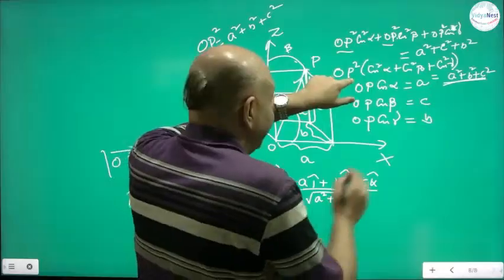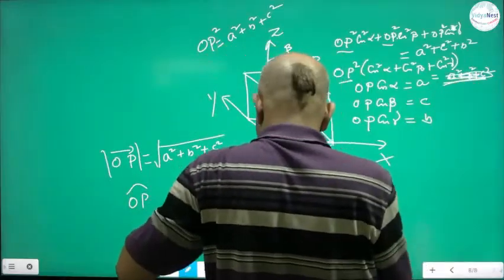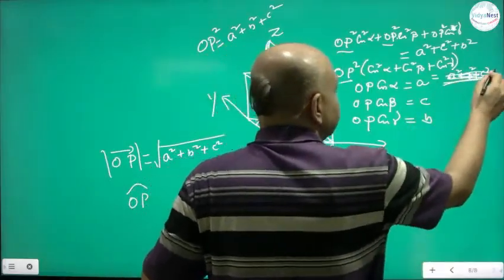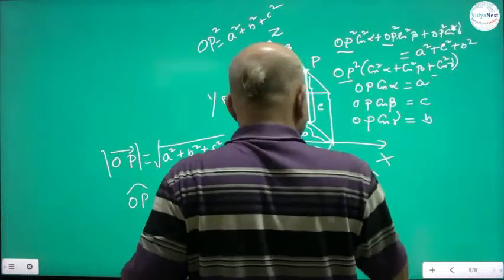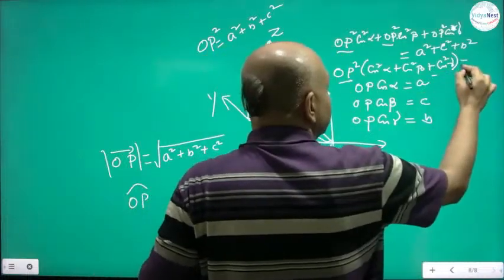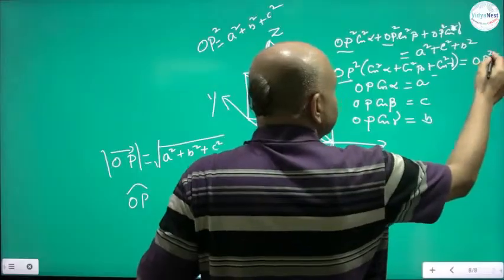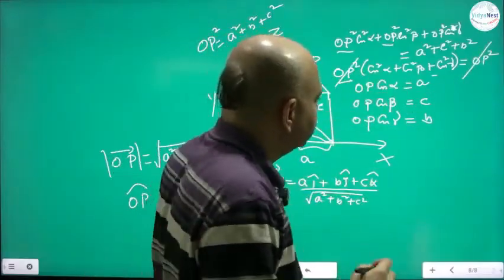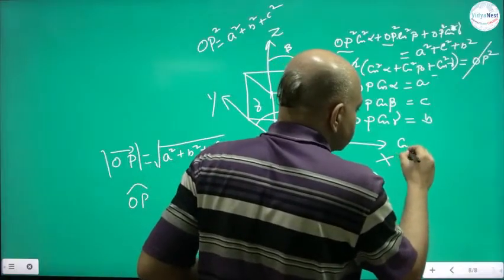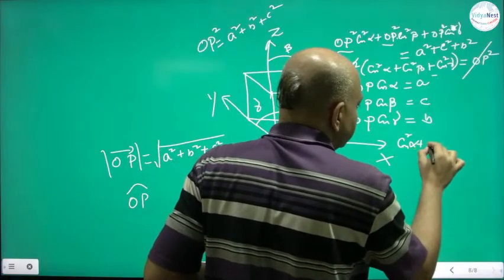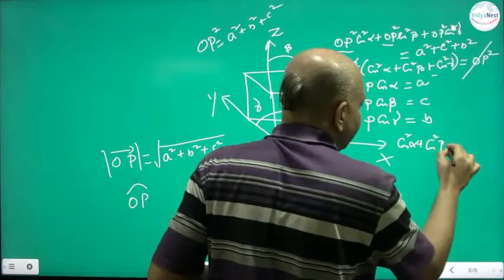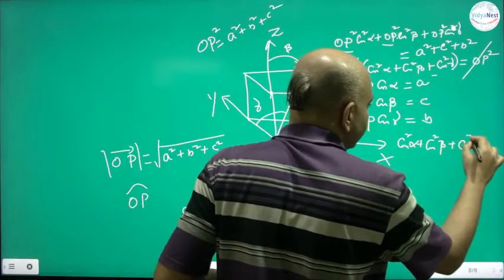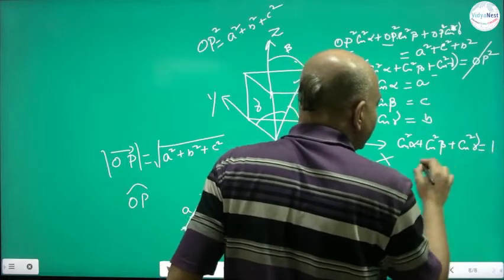So directly we can write it this way. This is equal to OP square, so OP square cancels out. What is remaining? Cos square alpha plus cos square beta plus cos square gamma is equal to 1.